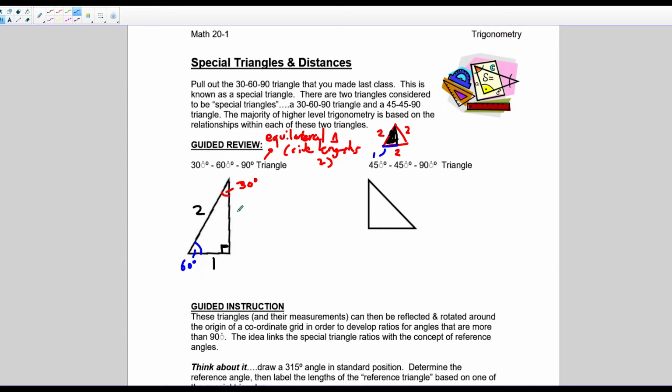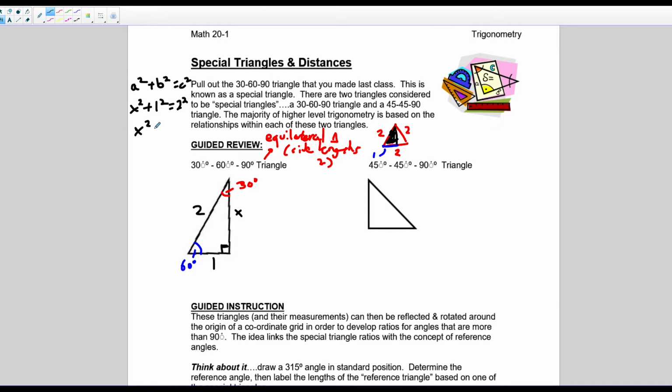And to calculate that last part of our triangle, we can simply call this x for the time being. Using our Pythagorean theorem, we know that a squared plus b squared is equal to c squared. And because the squares of our two non-hypotenuse legs is equal to our c squared, we're going to take x squared plus 1 squared is equal to 2 squared.